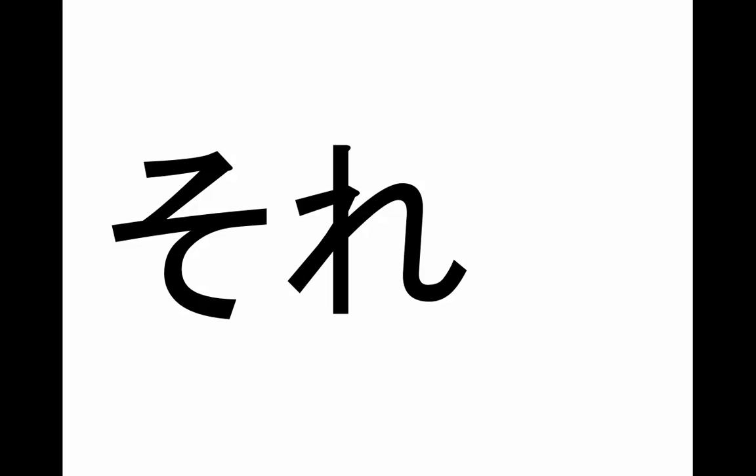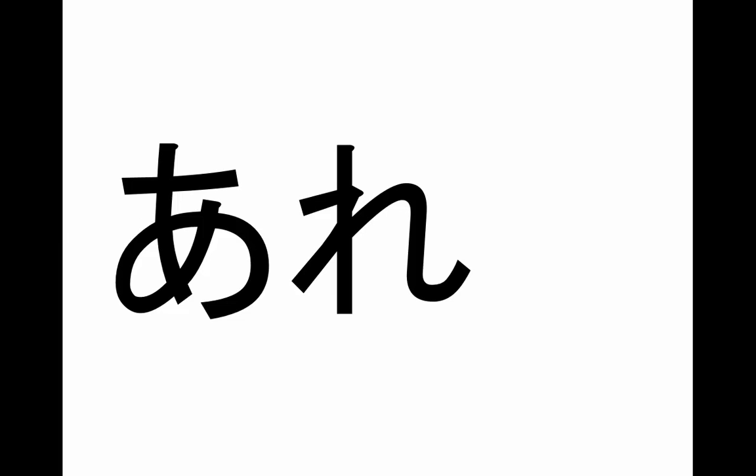So if I'm talking to Ken about his textbook, I would say sore, and he would say kore, because it's closer to him than it is to me. And if we're both talking about that clock up on the wall, we could both say are, because it's far from both of us.